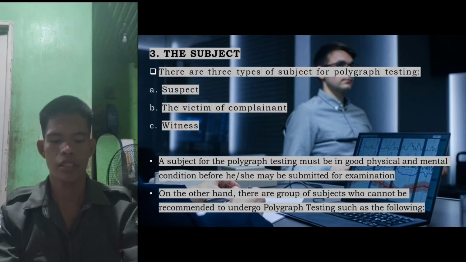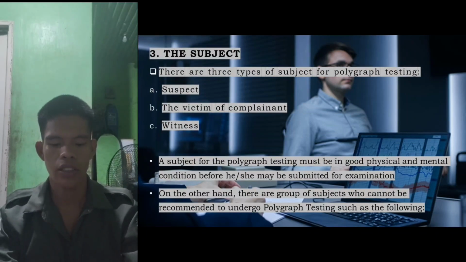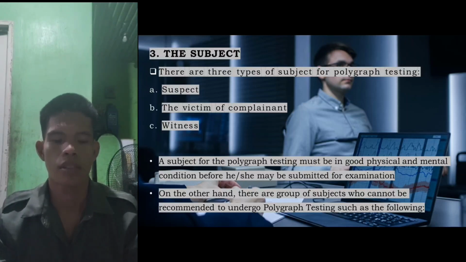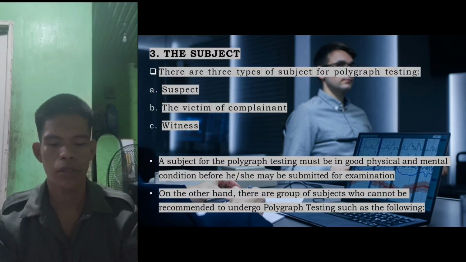Number 3. The subject. Generally, there are 3 types of subject for polygraph testing. Number 1, suspect. Number 2, the victim or the complainant. And number 3, the witness. Specifically, the following can be subjected to polygraph testing.